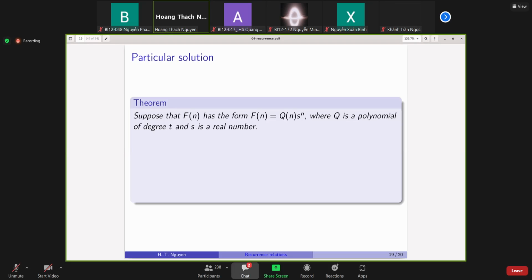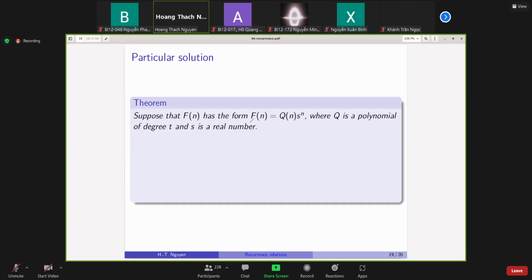Of course, in general, we don't know how to find an exact and analytic solution, but for some functions f(n) which are reasonably nice, we have some method to find a particular solution. So what does it mean that f(n) is reasonably nice? Here is one case.